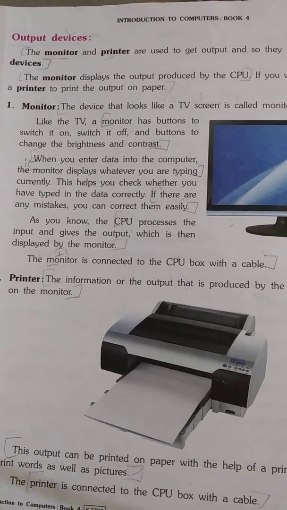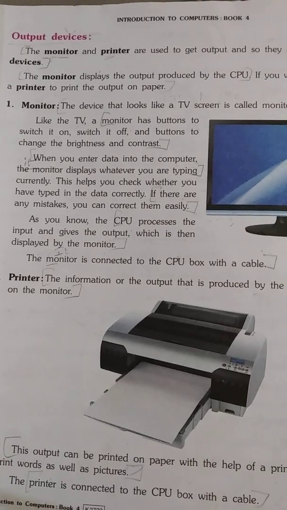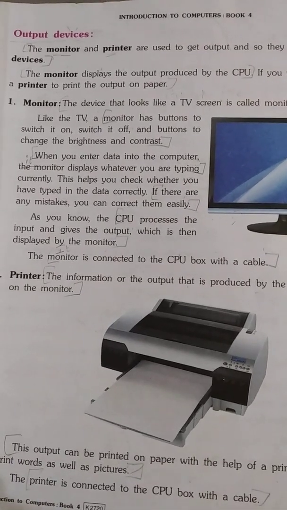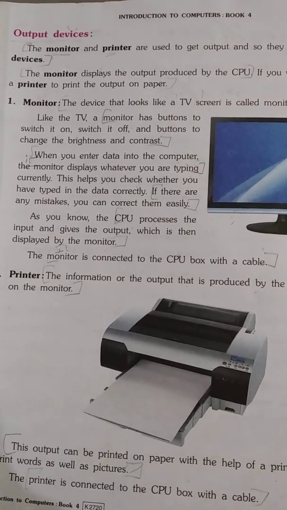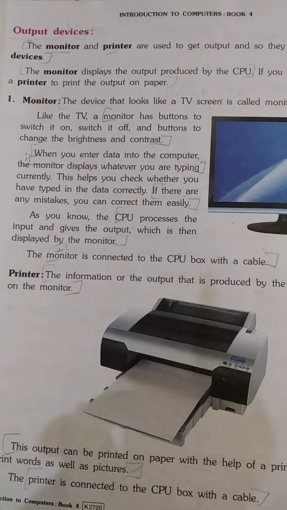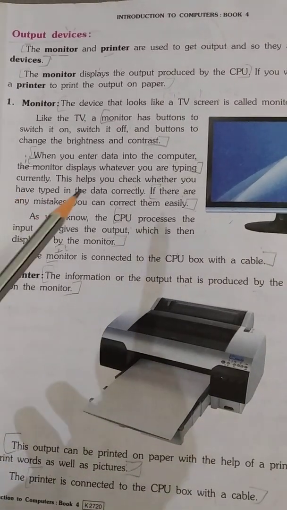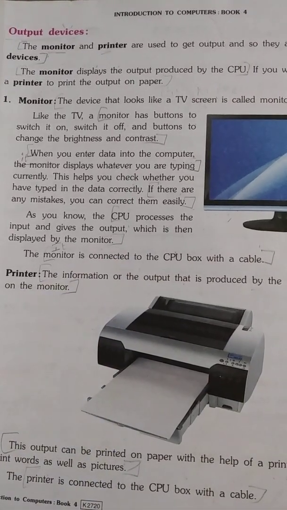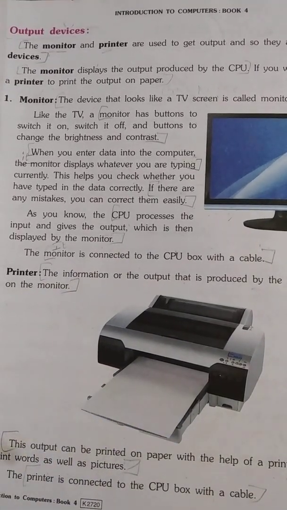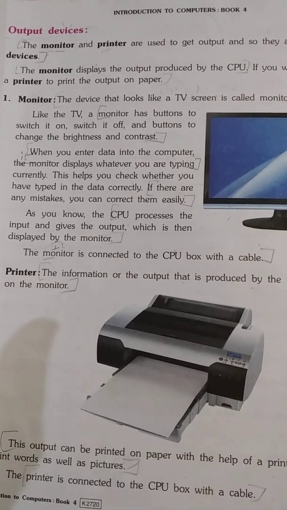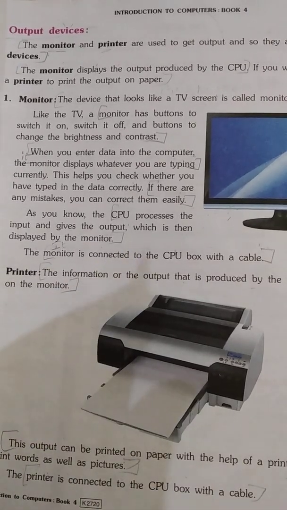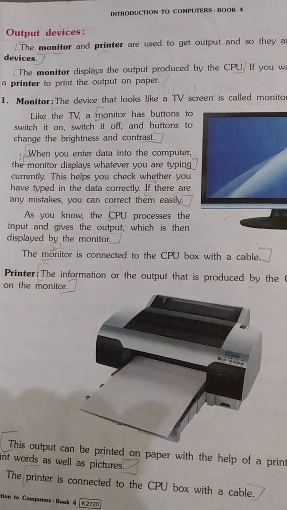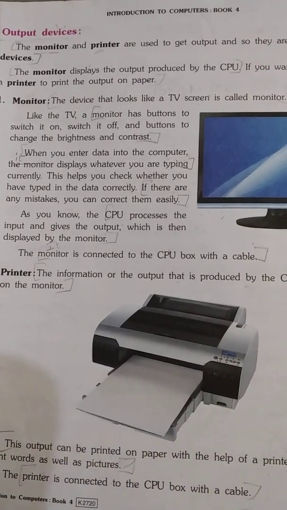All the processing work is done with the help of the CPU, and the CPU is also known as the brain of the computer. Now which are the output devices? Yes, monitor and printer. Why do we call them output devices? Because we display our result on the monitor and on the printer with the help of the CPU.